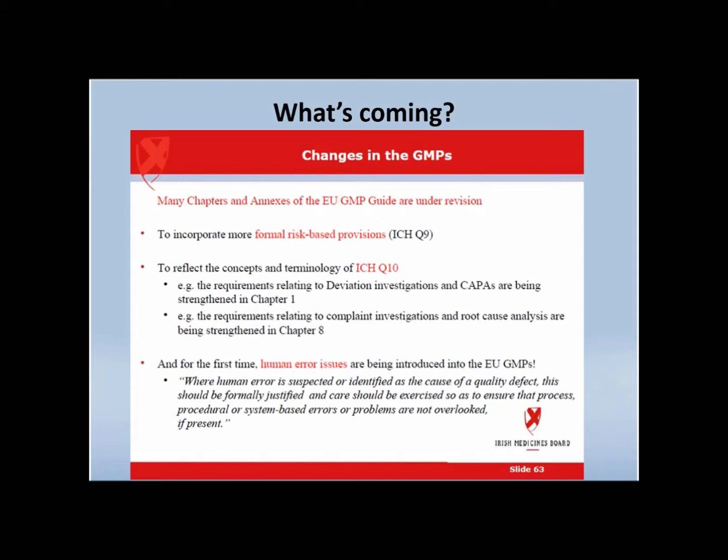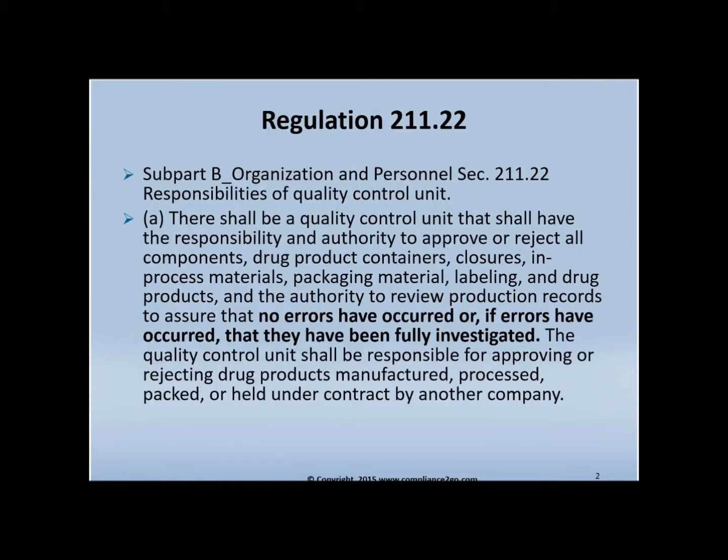Notice this is slide 63, which means there were 62 slides in which they were talking in depth about the human error issues they were finding, human performance improvement, and root cause analysis, and the fact that sometimes we don't get to the real root cause. That's the reason why, most of the times when we do find the root cause, we won't be able to have effective corrective actions and preventive actions. What I want to highlight from this portion is the last statement.